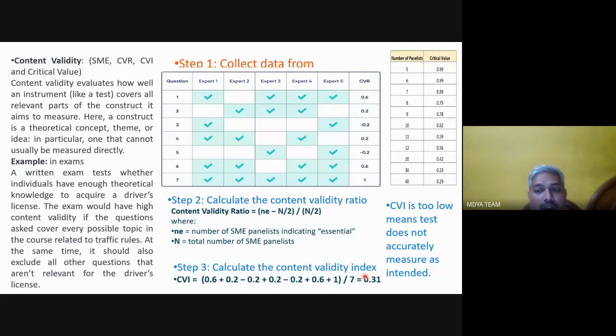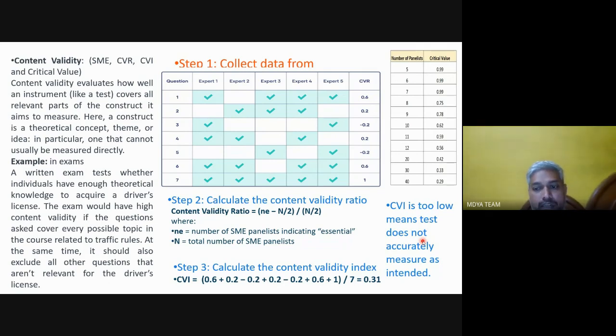Now, how will you calculate whether this content validity index is okay or not? How will you measure? You will measure through this. This is the critical value. If 0.31 is lower than 0.99, it means it is too low. And if it is the same as the critical value or above this critical value, it means it is good, and it is actually what we intended to measure.